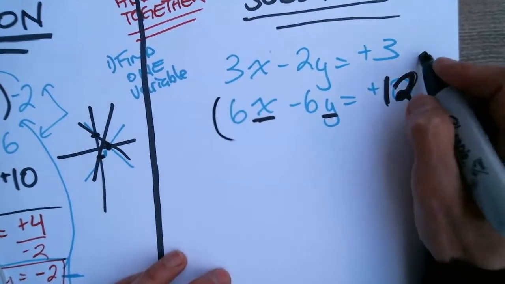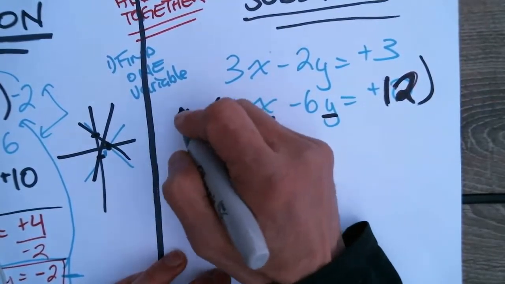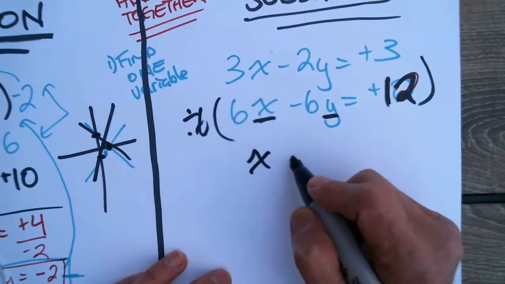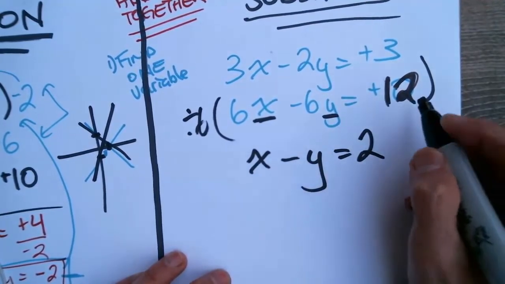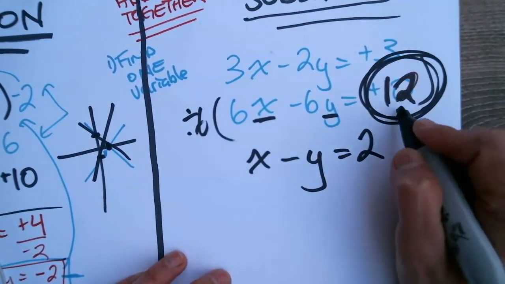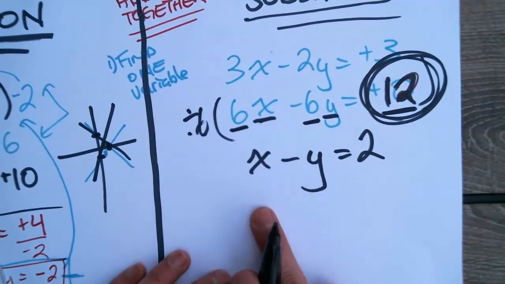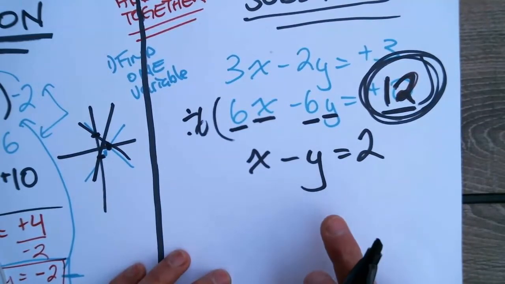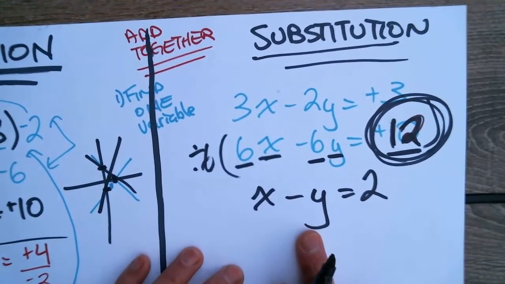If I do that, divide by 6, this is going to give me x minus y equals 2. This works really well because 12 is also a multiple of 6. So when I have this situation, I can now actually solve for one of these substitutions.